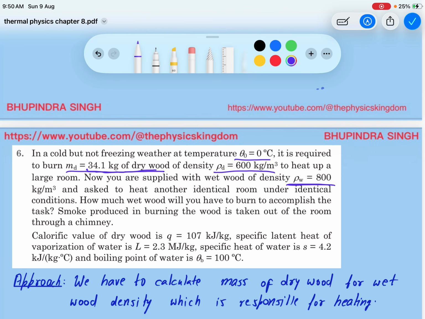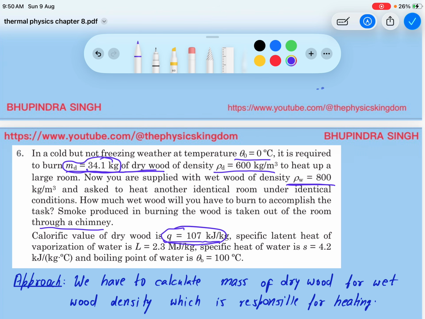Smoke produced in burning the wood is taken out of the room through a chimney. Okay, the calorific value of dry wood is given, the amount of heat released on burning per kg. So that is given. It means initially with dry wood, how much heat are you giving? This mass of wood multiplied by this. So this heat you are giving to the room.